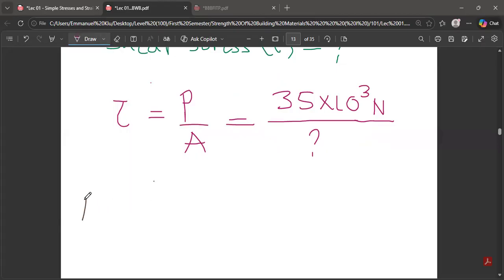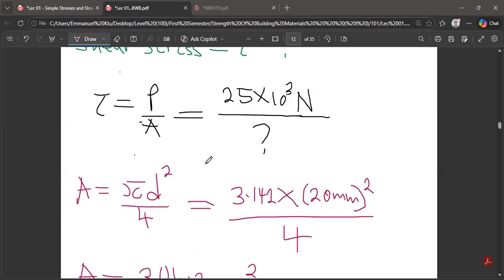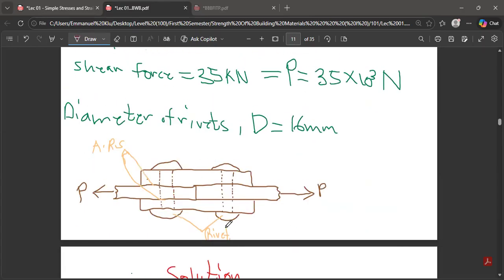Due to that, we are saying that our A, which is the area, is now going to be equal to what? We know that our A is equal to pi d squared all over 4. But in this case, look at the drawing we did: there are 2 rivets. This is a key point.